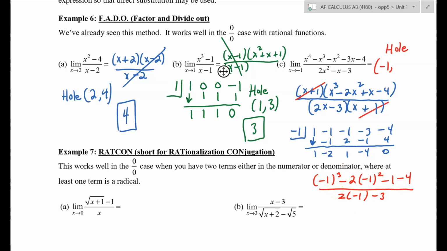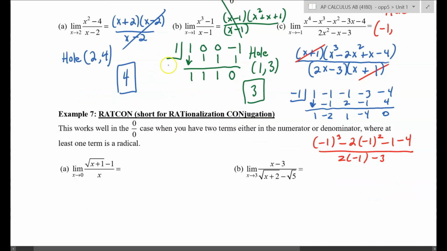I got it. That's where it is. You figure it out, right? If I actually had to figure it out, this would be order of operations time. This would be -1. This would be 1 times -2 minus 1 minus 4 over -2 minus 3. That all gives me -8 over -5, or 8/5.